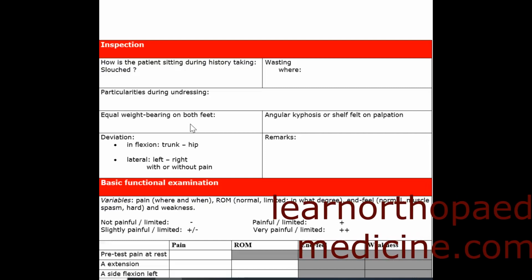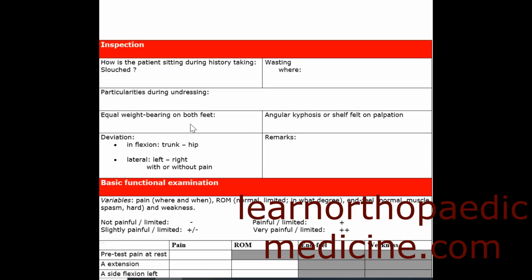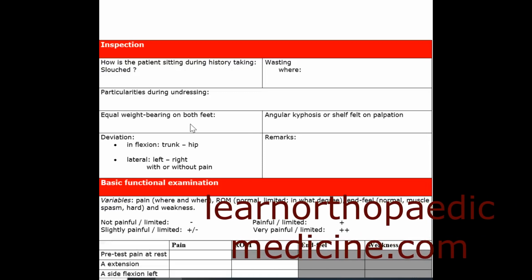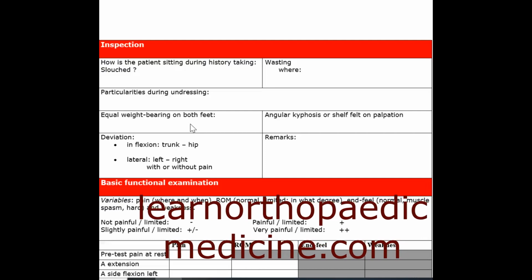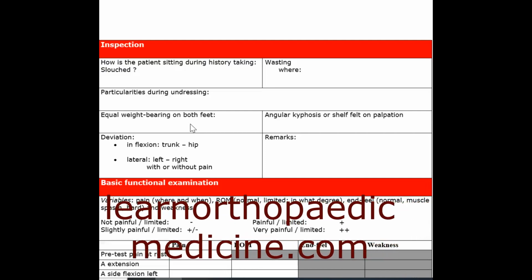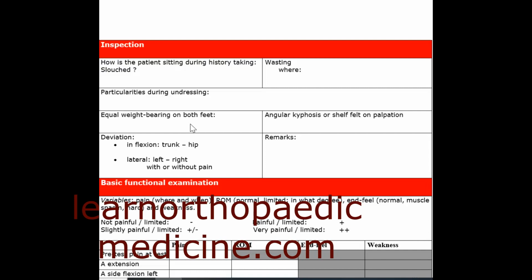And he can't put his full weight on both feet at the same time. He puts more weight on one foot and less on the other one. Sometimes even it's impossible to put the heel on the floor because it hurts too much in the leg.